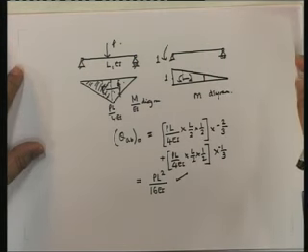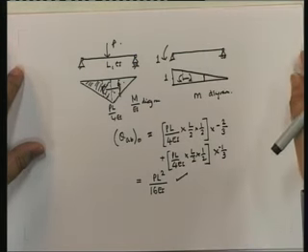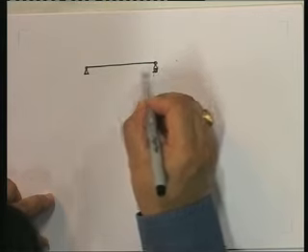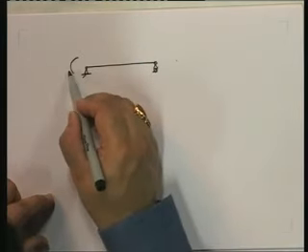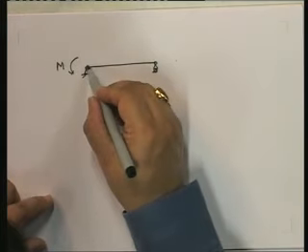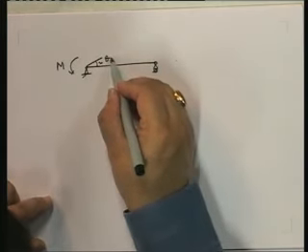Now, what I need to do is find out a moment which will give me minus theta AB. So what I need to find out is, due to a moment here, what is the rotation here?